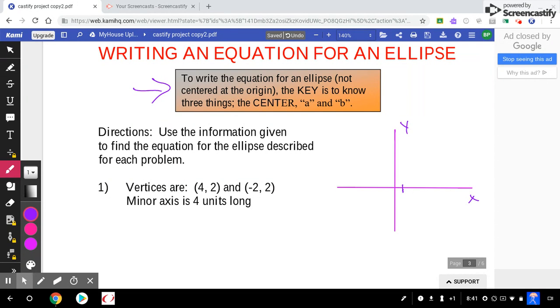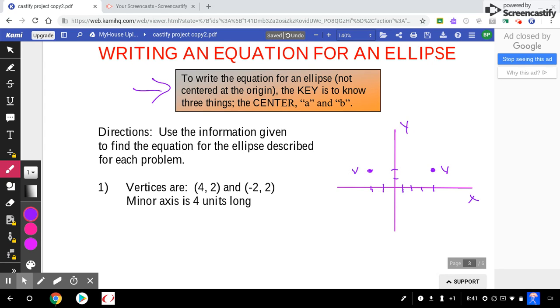So we're going to go 1, 2, 3, 4, comma 2. I like labeling those guys and putting a V for vertex just to remind me that's what I got right there. Also looking at negative 2 comma 2, right about there. Put another little V for vertex.